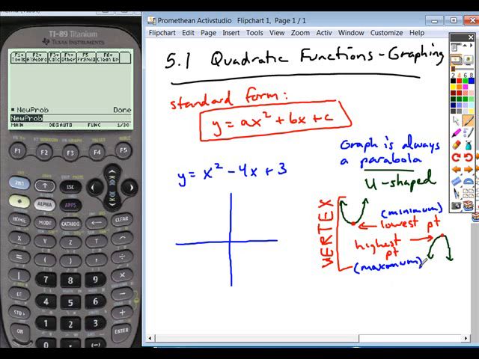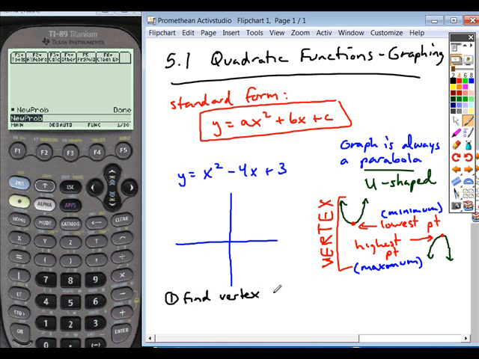Okay, when you sketch the graph of a quadratic function, what you're first going to do is find the vertex. Okay, and the way that you find the vertex is you'll use the following relationship.